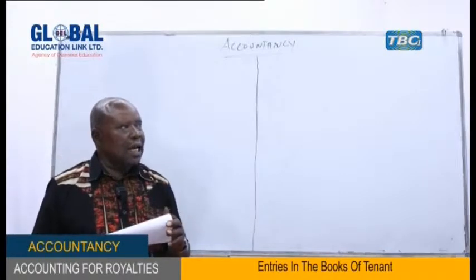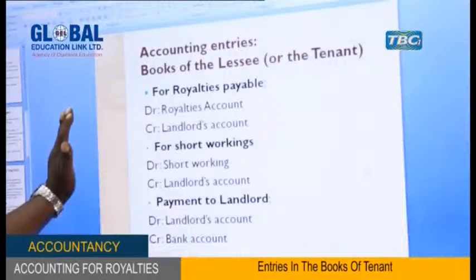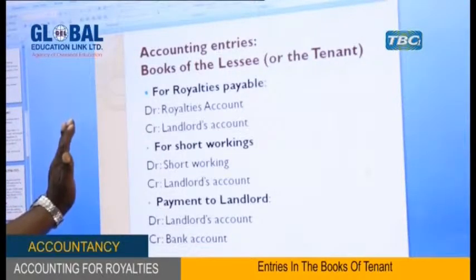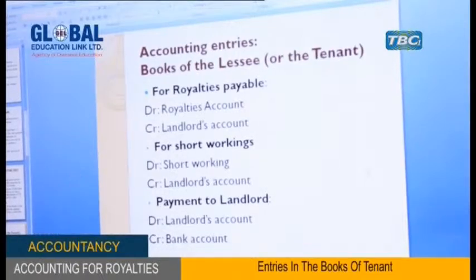So let's start with the first category, where we are required to make the landlord a creditor. In order for the landlord to be due, we are supposed to debit royalties account and credit landlord's account with the actual amount.